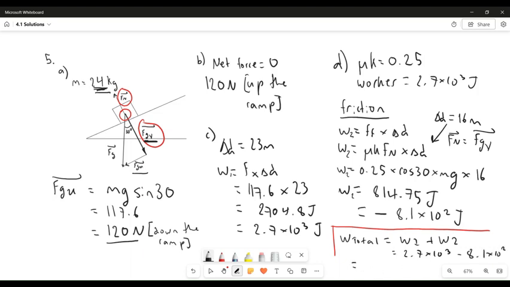And what you should get if you do that, let's see, you should get about 1.8 times 10 to the power of 3 joules. So that is the total work in the system.